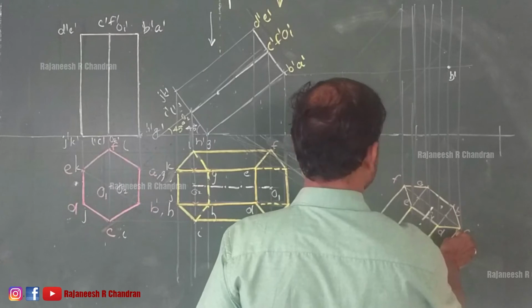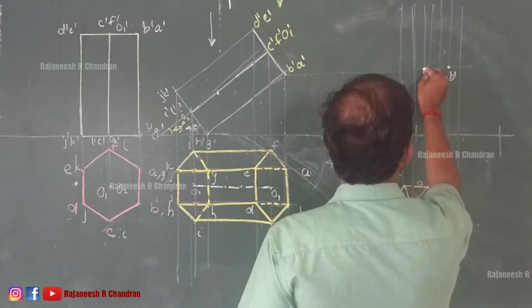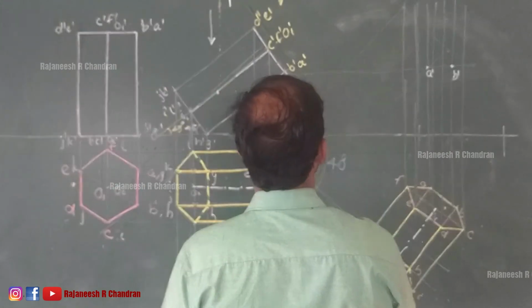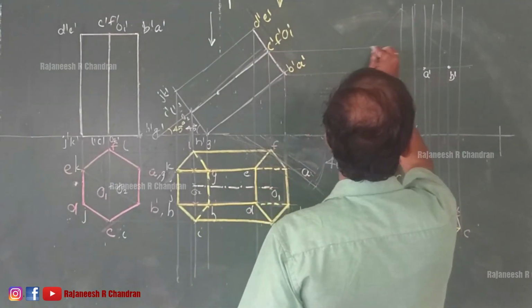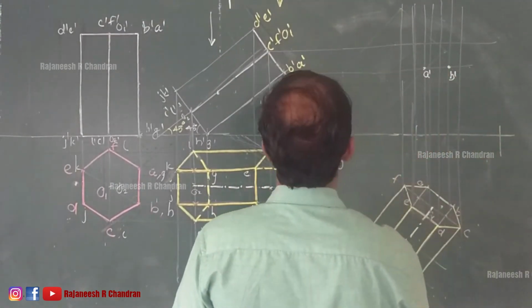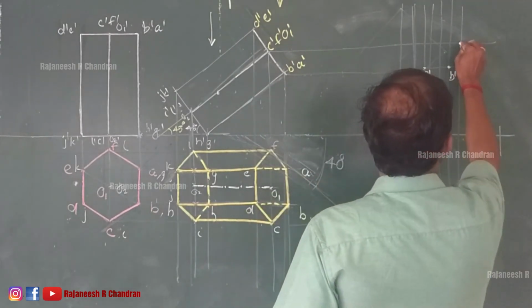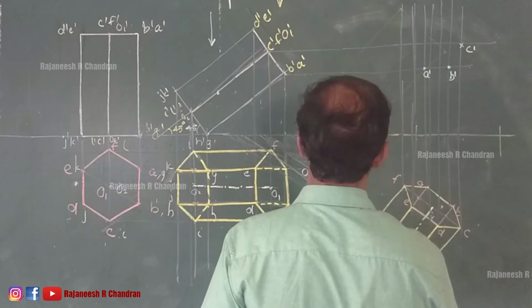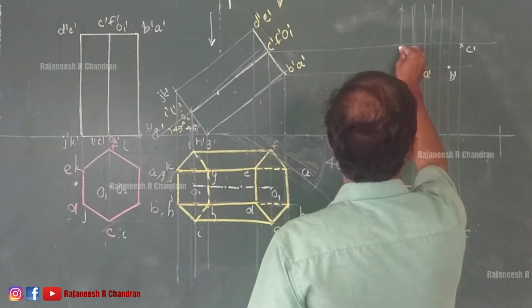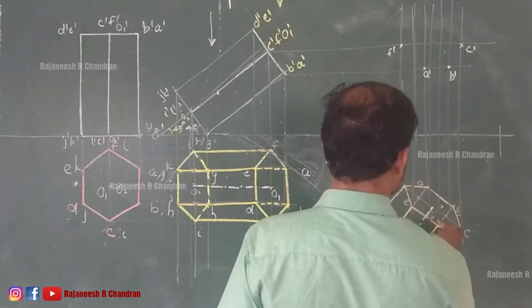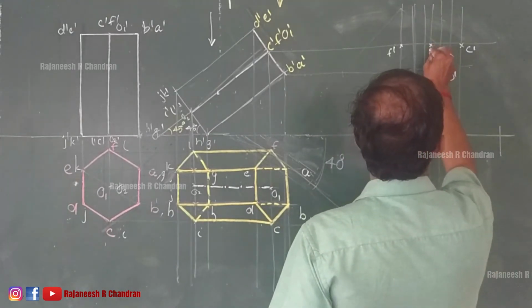And this is the projector through A, so this will be our A dash. This is the projector through C, so that will be C dash, and this will be F dash. This is O1 dash.